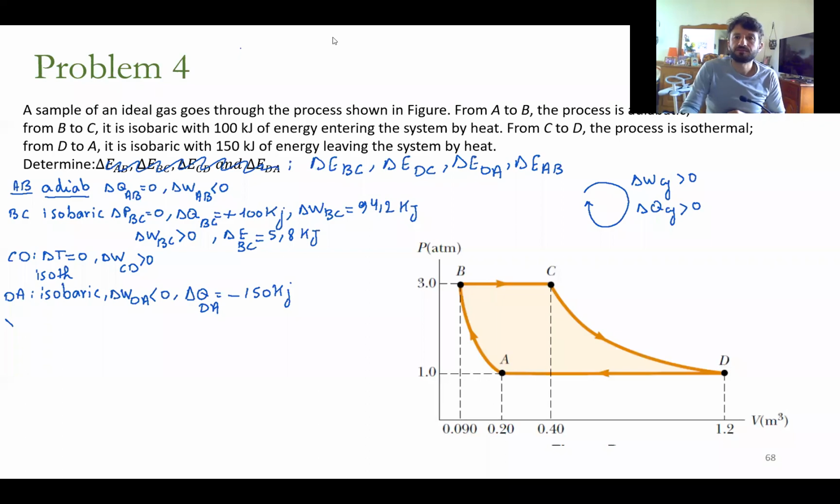Second, delta E CD. In the case of CD, we have BC, CD.